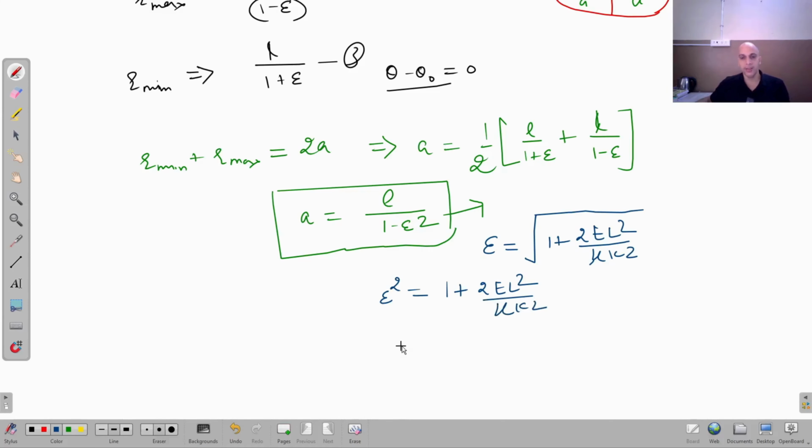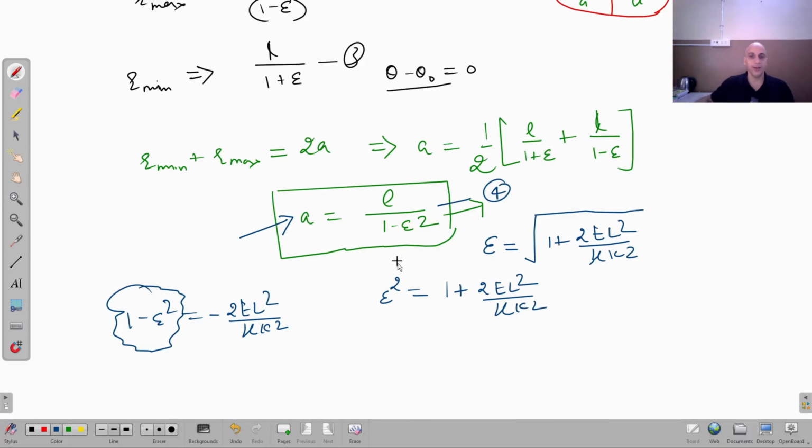So from here, what I got? I want 1 minus epsilon square. So 1 minus epsilon square is equal to minus 2EL square upon mu k square. This is the value of 1 minus epsilon square that I am going to put here. Let this be equation number 4, right?